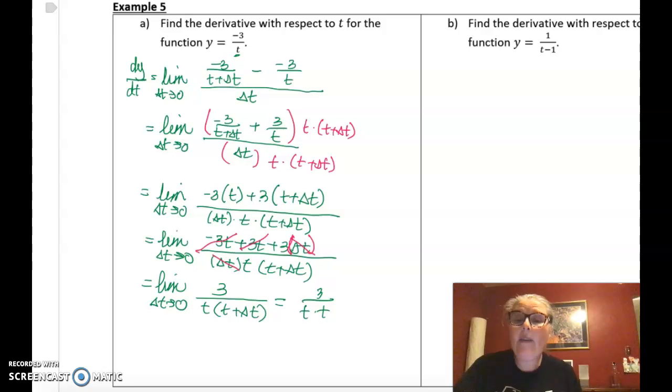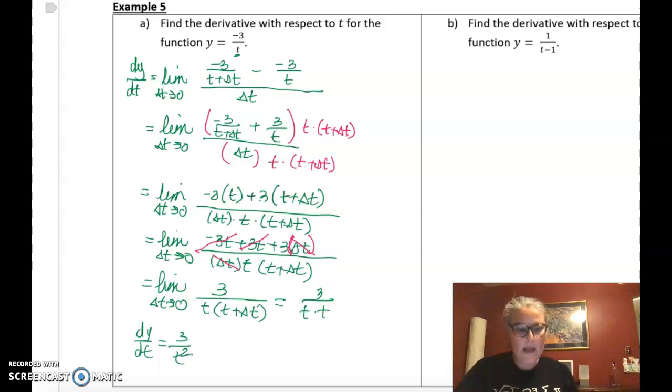Now I have applied the limit. I should not write it anymore, even though there are variables in it, because the limit only applies to delta t. So in this case, let's write it nice and neat. dy dt is equal to 3 over t squared. I'm just going to reread the directions to make sure I didn't forget anything. Okay, no, I'm not supposed to find the value anywhere, so we're good to go.